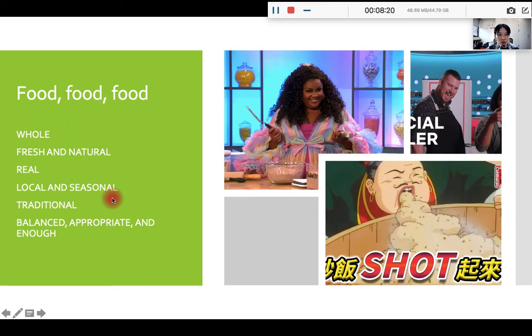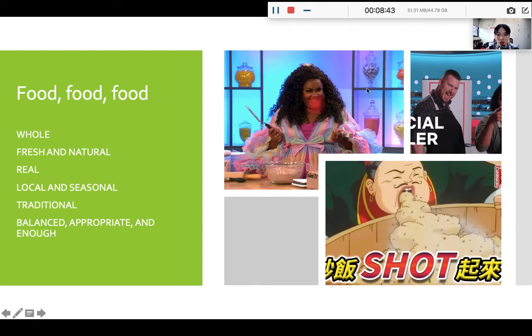And seasonal food. Seasonal food means this food grows in the seasons, okay? And using traditional ways to cook. And they are balanced, appropriate, and enough. So these are the criteria to define whole food. Okay, this is just for your reference.